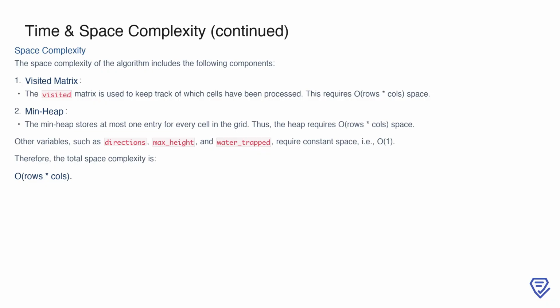In the worst case, this means the heap will occupy O(rows * cols) space as well. Apart from these, the algorithm uses some additional variables like directions for movement, and max_height and water_trap to maintain state, but these require only constant space, or O(1). When we sum up all these components, the total space complexity becomes O(rows * cols), which is directly proportional to the size of the input grid.